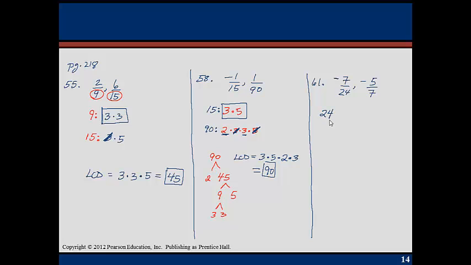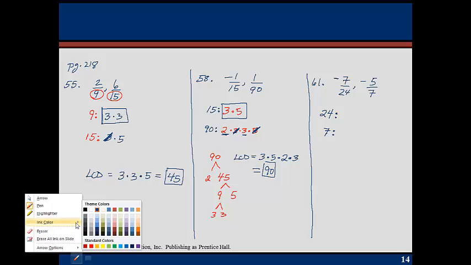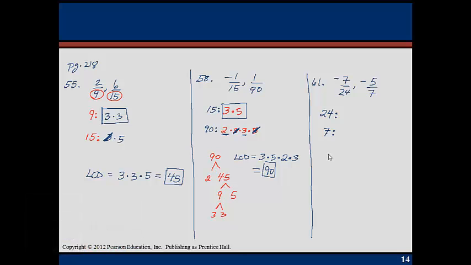So they are 24 and 7. Now we need to write the prime factorization of each. So 24 is 2 times 12, which is 2 times 6, and then 6 is 3 times 2. So 24 would be 2 times 2 times 2 times 3, and 7 is just 1 times 7.